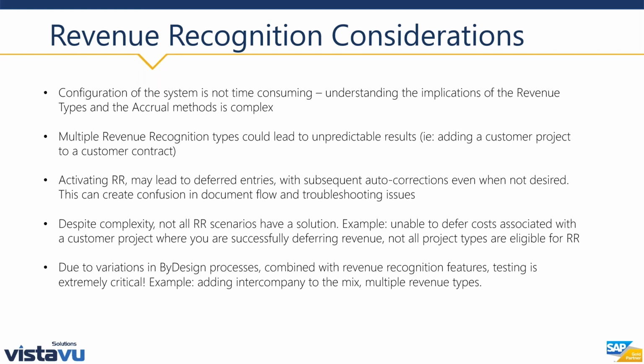We have run into scenarios where we have to decide which one is the priority, because if we want project accounting wrapped around contracts, that potentially is going to break the way contract revenue recognition works. Understanding all of those scenarios can get pretty heady when you start to examine all the options.